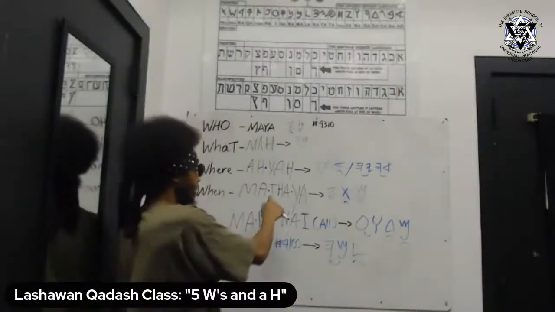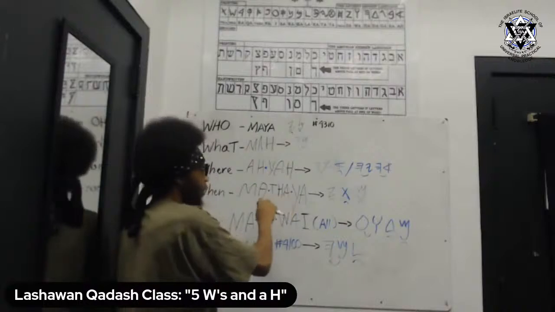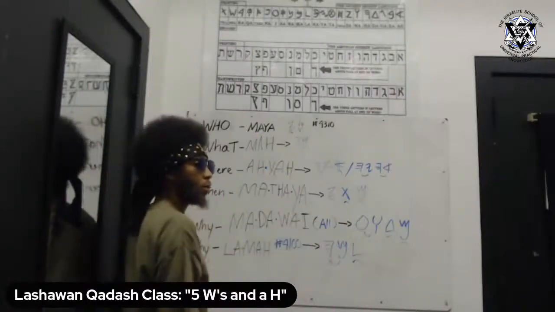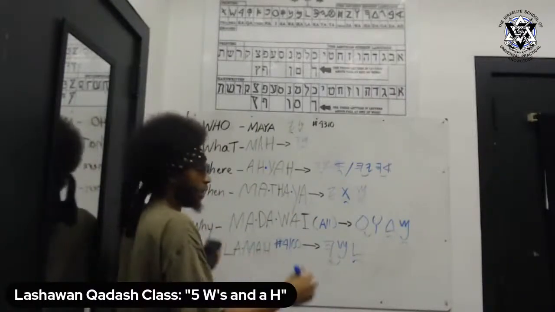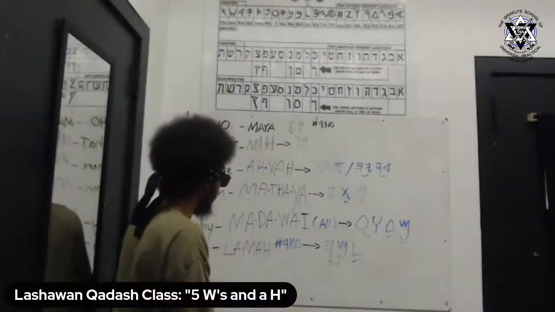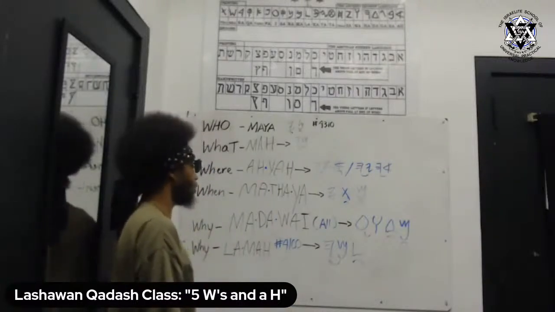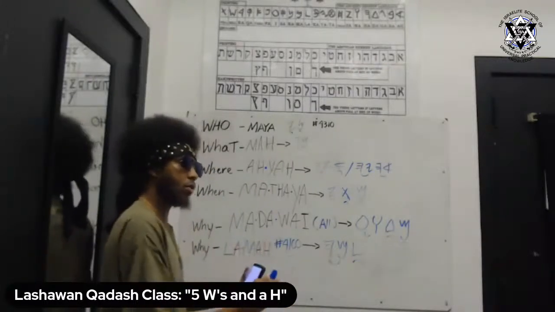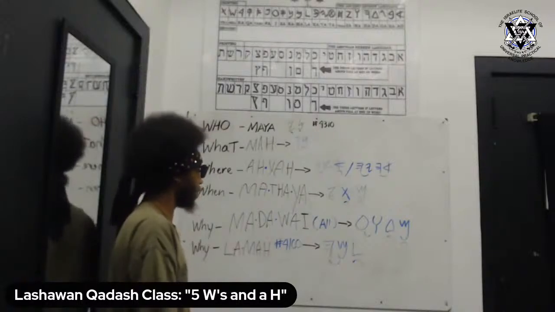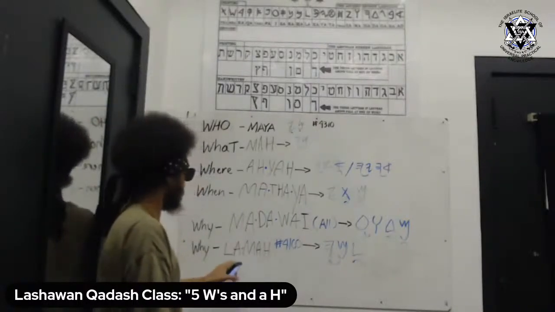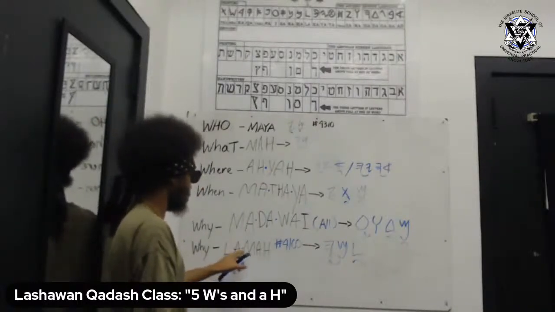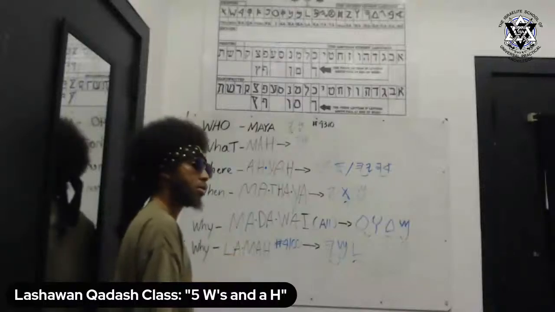And you understand that I put these blue dots to separate it on purpose, so that you can pronounce it better. You know what I mean? So it doesn't look like a bunch of words just jumbled together. So this is la dot mah.